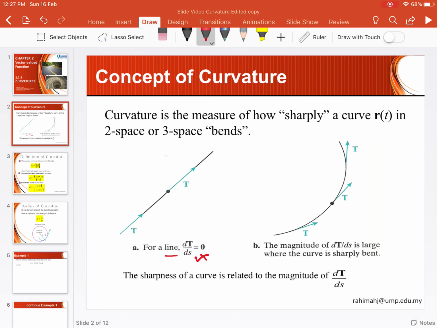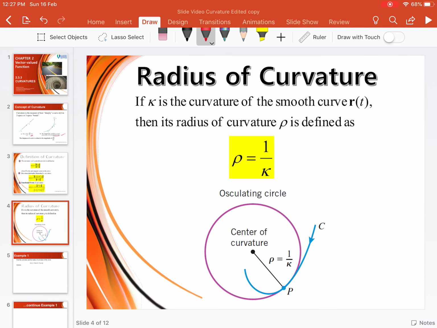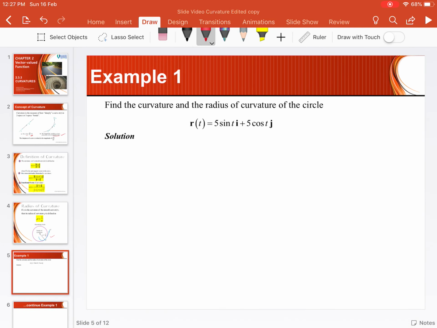But for diagram B, the magnitude of dT over ds is large, where the curve is sharply bent. So yes, we have the curvature here. So now, the radius of curvature is equivalent to 1 over curvature. So this is the illustration of radius of curvature.